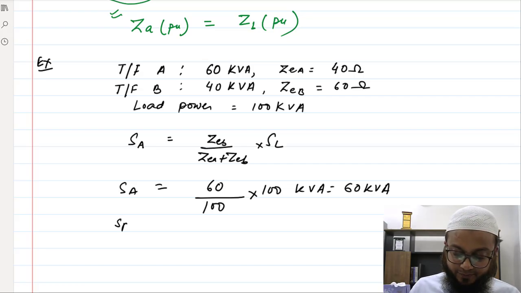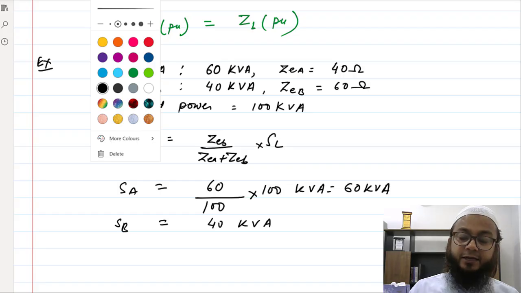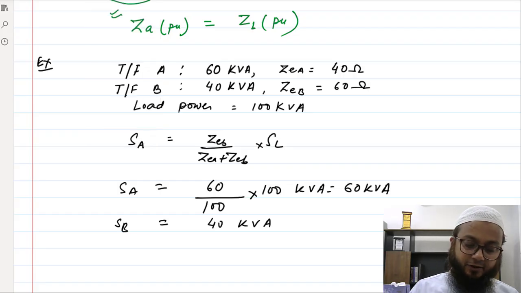And what about SB? The apparent power which transformer B can handle would be 40 kVA. Now just think of the reverse, where the leakage impedance ratio is not the one given here.